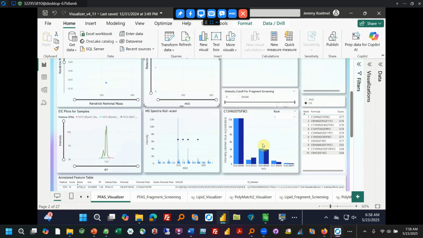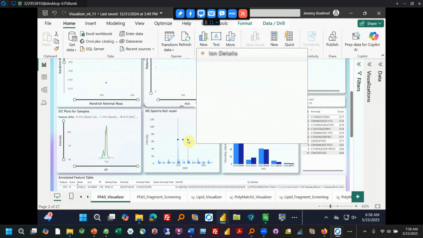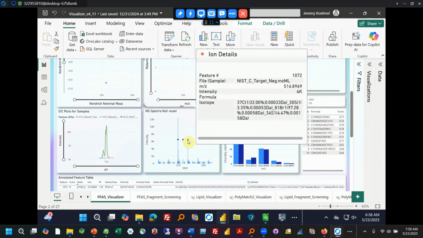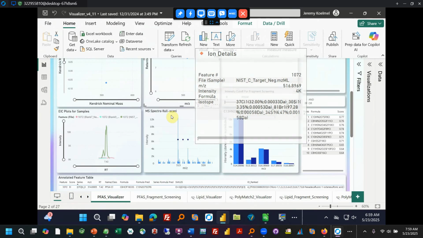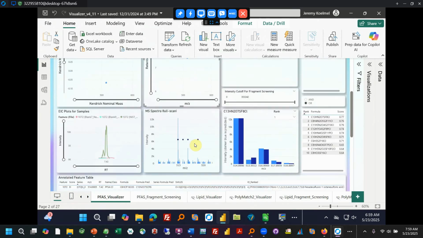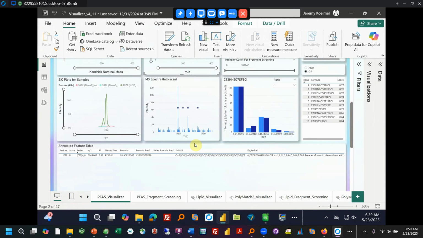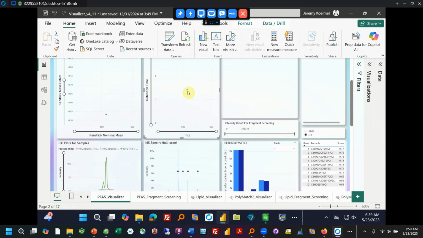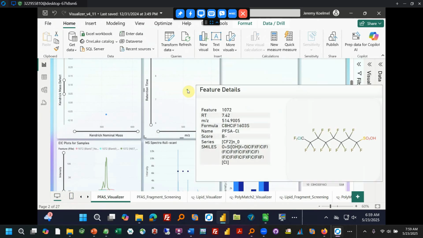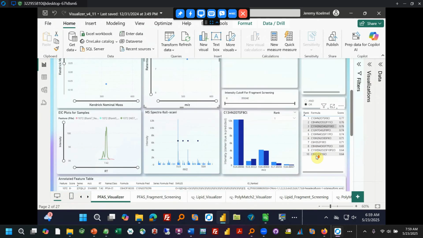So we do get this nice isotopic pattern. If we look here, for the chlorine, we expect about a 32% peak. So indeed, this is a chlorinated species. It does have this kind of chlorinated look to it based on MSMS. It got a C8 chlorinated species with sulfonic acid.